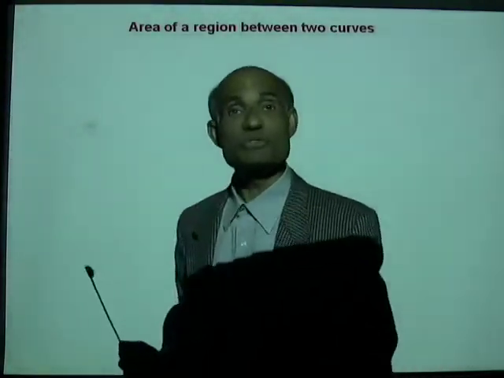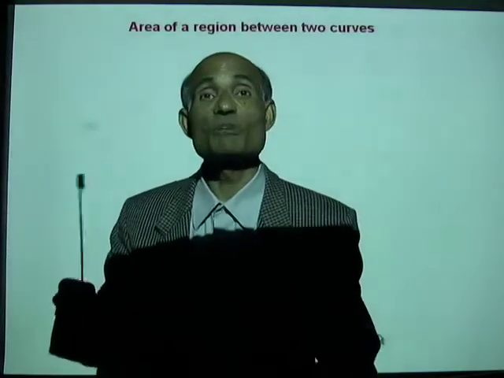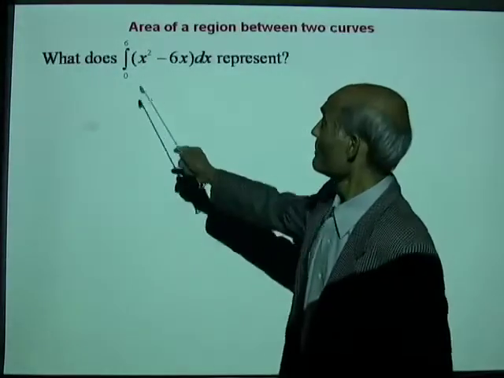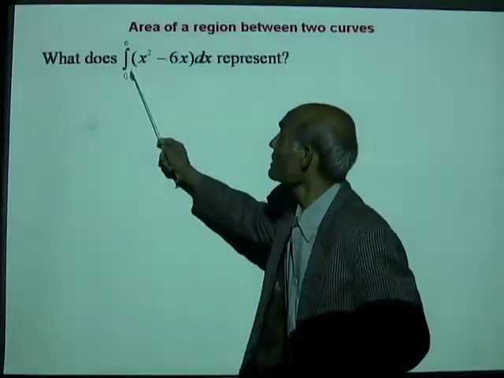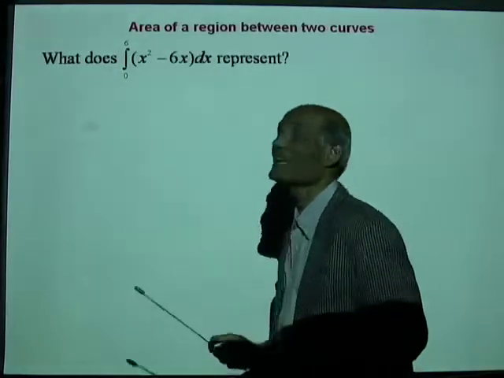Alright, that leads us to the concept of the area of a region between two curves. Now, let's talk about this. What does the integral from 0 to 6 of x squared minus 6x dx represent?